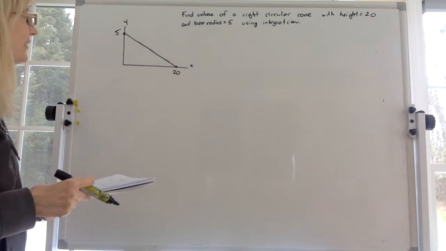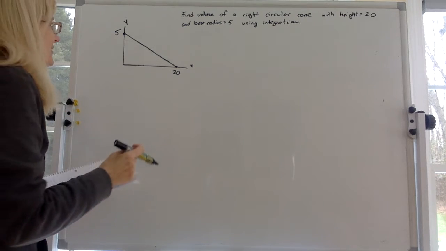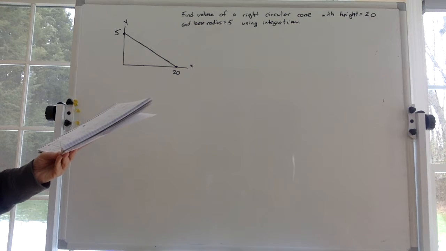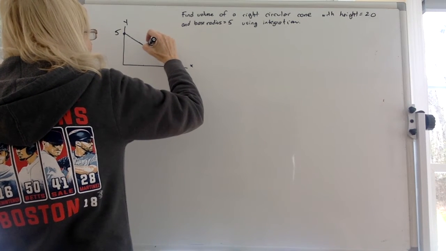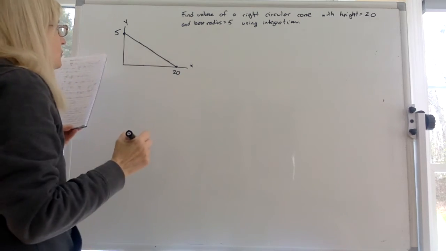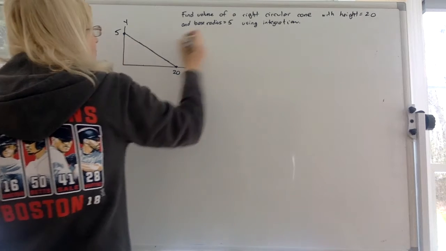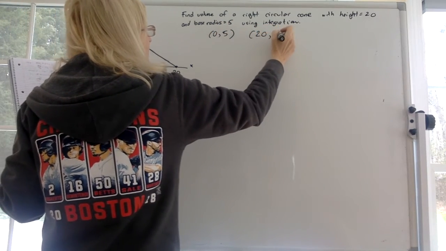But the first thing we gotta do is get an equation in terms of x for this thing. So what is that thing? It's a line. So we have to find the equation of this line, okay? So do we know a couple points on the line? I think we do. Don't we have point (0, 5) and point (20, 0)?